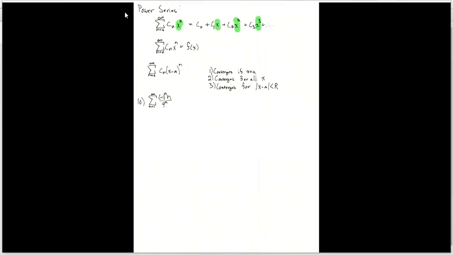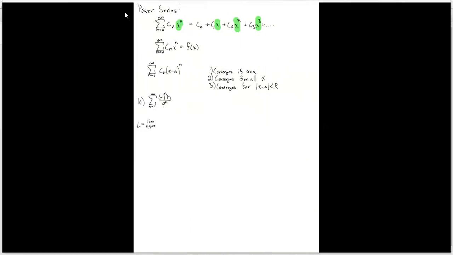Well, a really good way of calculating these things is by the ratio test, because the ratio test actually gives us this inequality at the end, right? And we'll see that in a second. So let's define what our L is. L is defined as the limit as n goes to infinity.